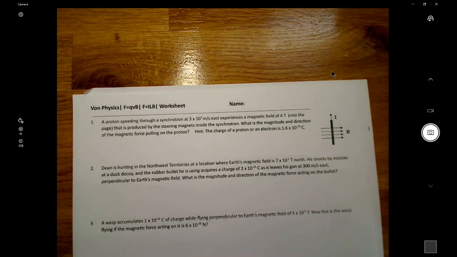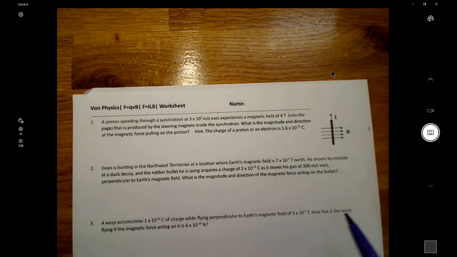Here it says a proton speeding through a synchrotron at 3 times 10 to the 7th meters per second east experiences a magnetic field of 4 Teslas into the page. That is produced by steering magnets inside the synchrotron. What is the magnitude and direction of the magnetic force pulling on the proton?